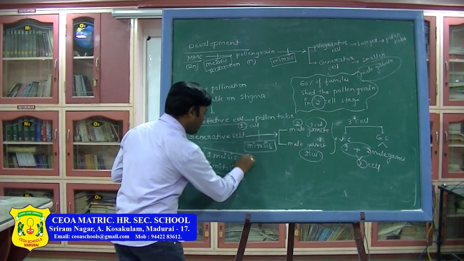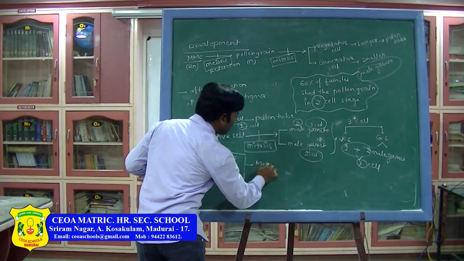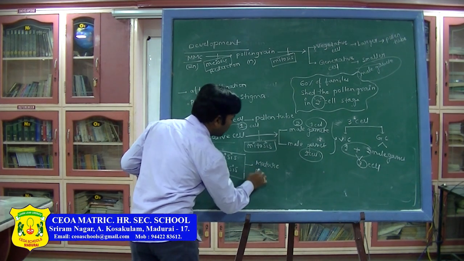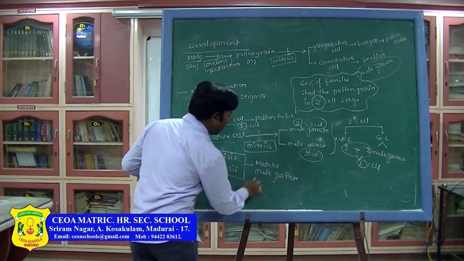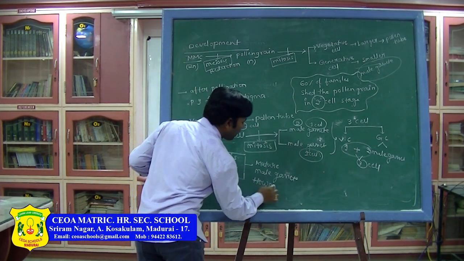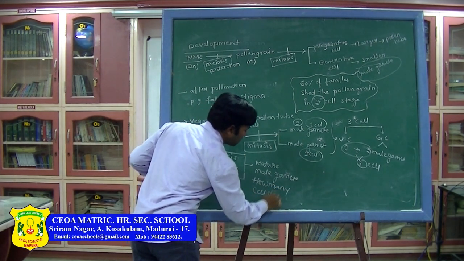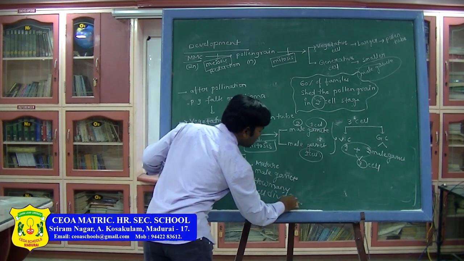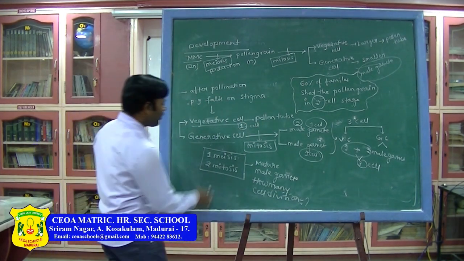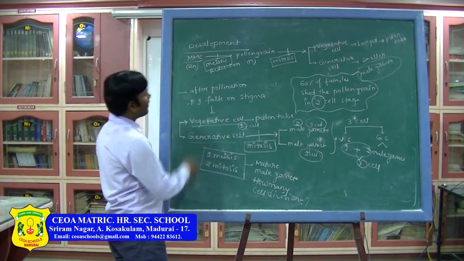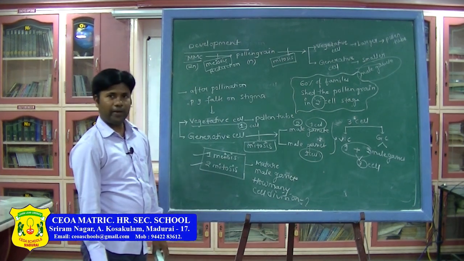The question will be asked: for the formation of the mature male gamete, how many cell divisions are required? That is the question. So how many cell divisions will be required? One meiosis and 2 mitoses will be required.